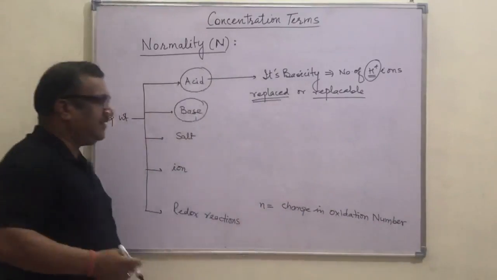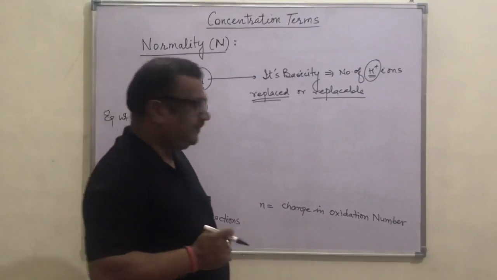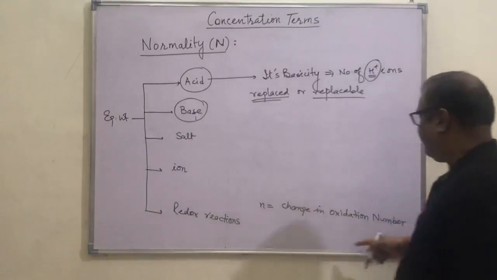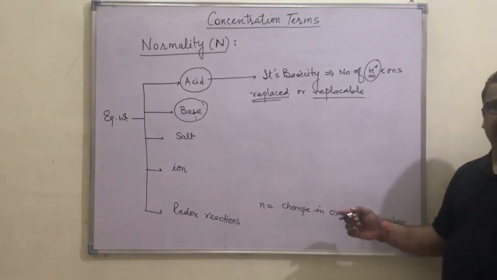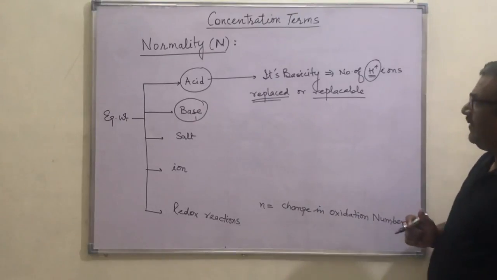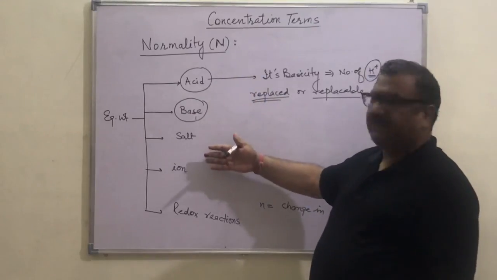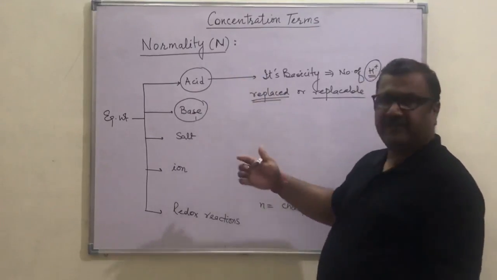This we will deal in detail in the chapter of stoichiometry, how to calculate the change in oxidation number and all. But these are the normal cases which we will deal with: acids, bases, salts, ions.